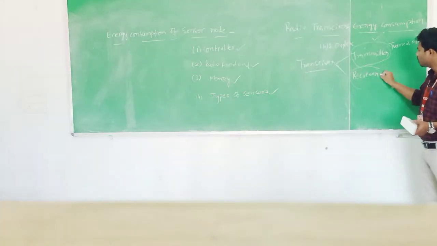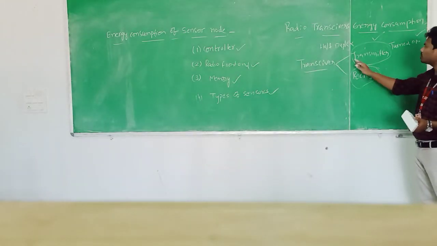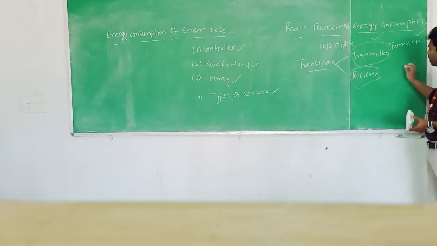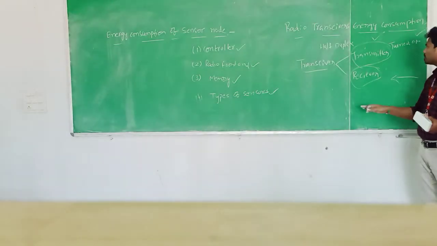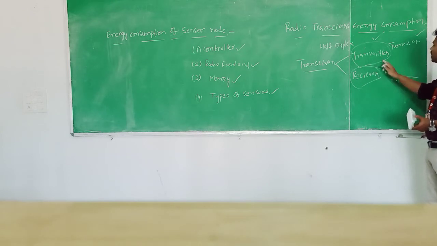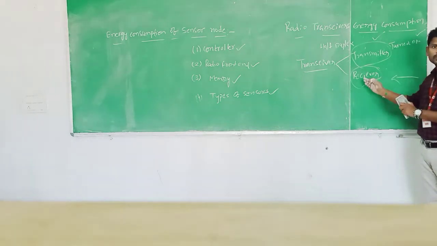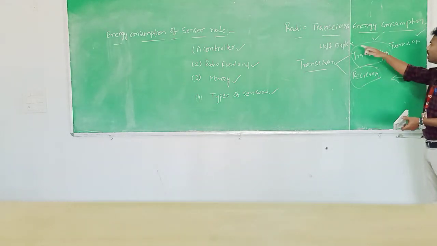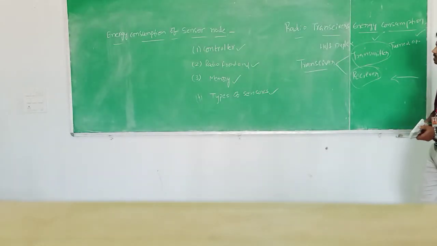We mostly don't use the receiver in wireless sensor networks, because you always use the transmitter to transmit the data, but you won't receive any data from another device. So after the completion of transmission, if you turn off the transmitter, you can reduce the energy consumption of a sensor node.